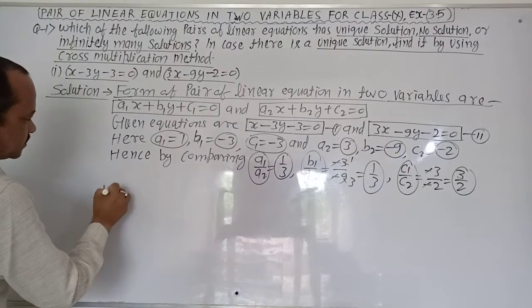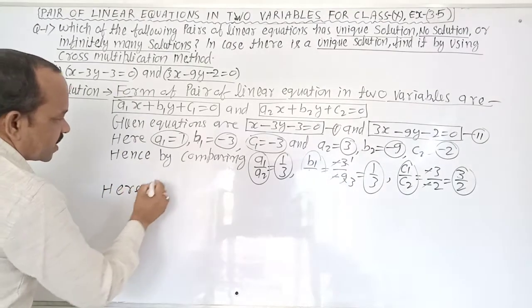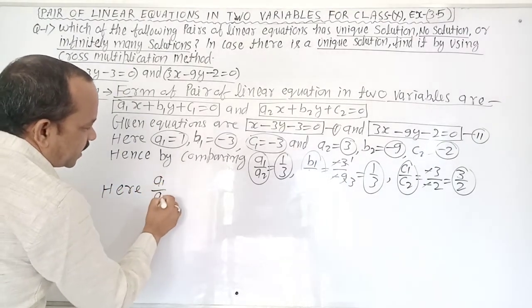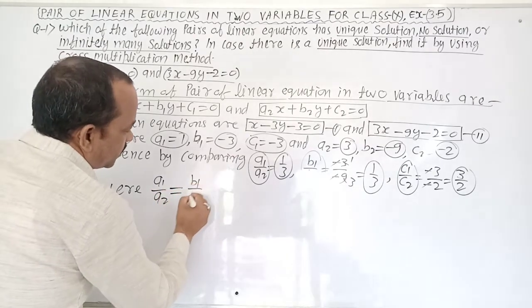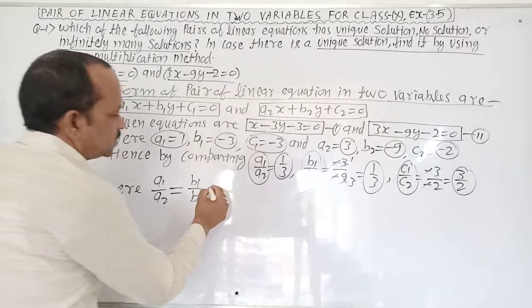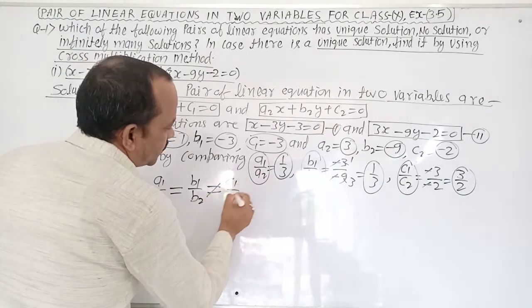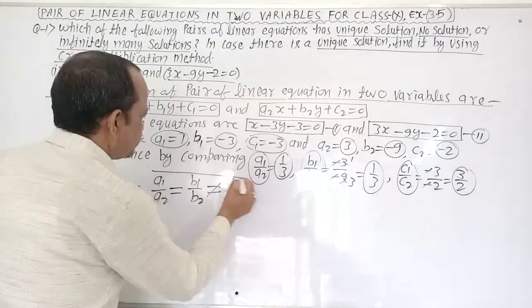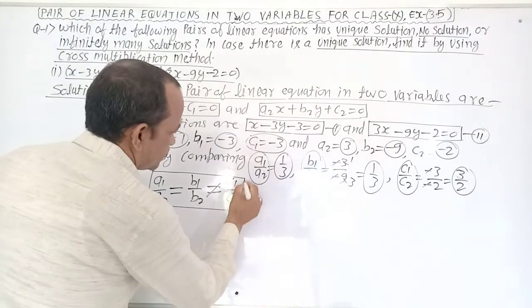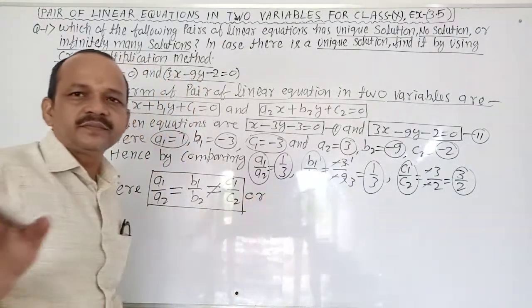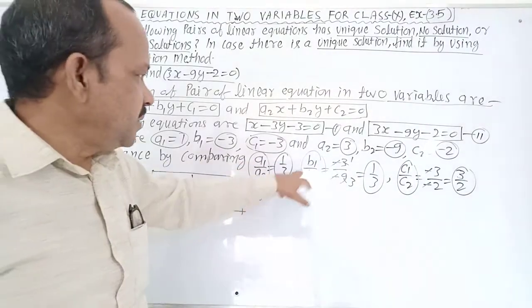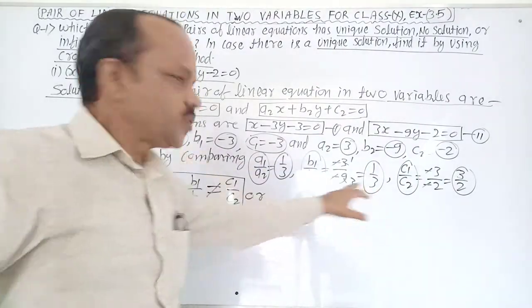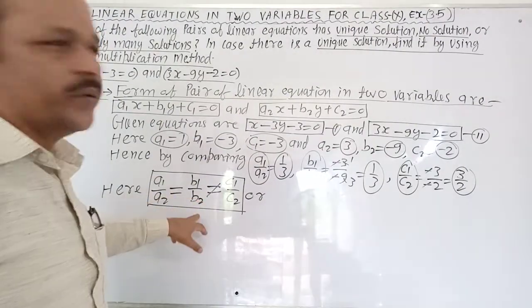Here a1 by a2 equal to b1 by b2 not equal to c1 by c2. Here a1 by a2 equal to 1 by 3, b1 by b2 equal to 1 by 3. So a1 by a2 equal to b1 by b2.